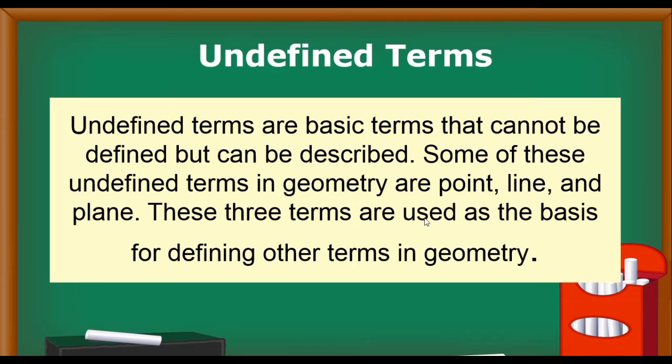These three terms are used as the basis for defining other terms in geometry. Tandaan po natin na kapag wala tayong point, wala tayong line at plane, hindi po magpo-form ang iba pang figure sa ating geometry. So, napaka-importante po, especially ng ating points.